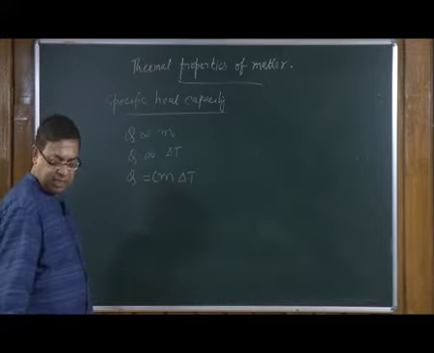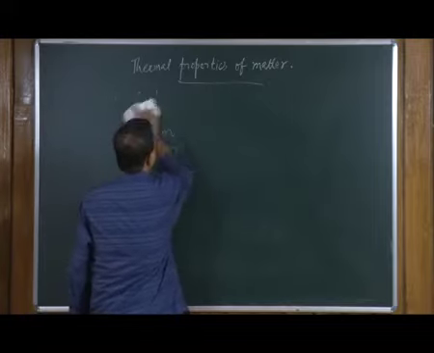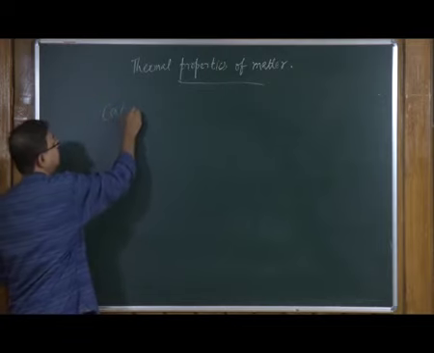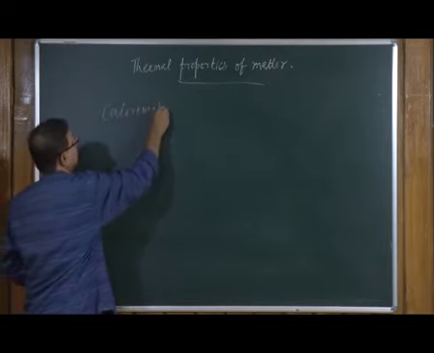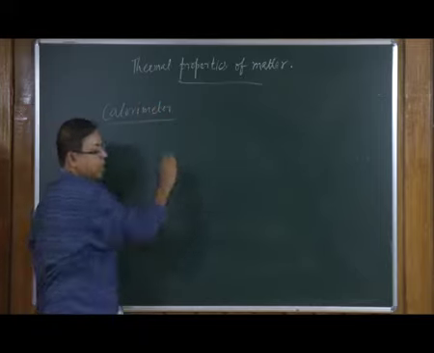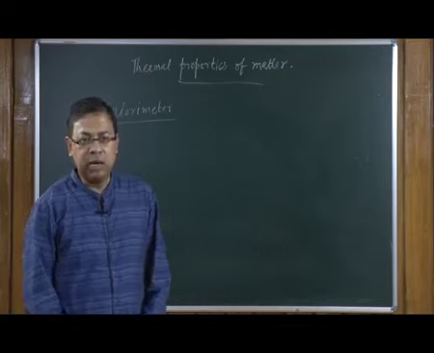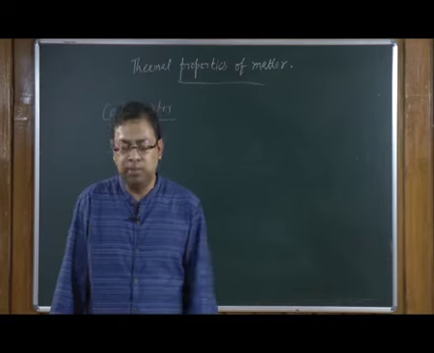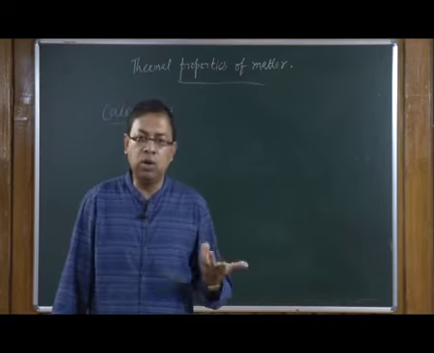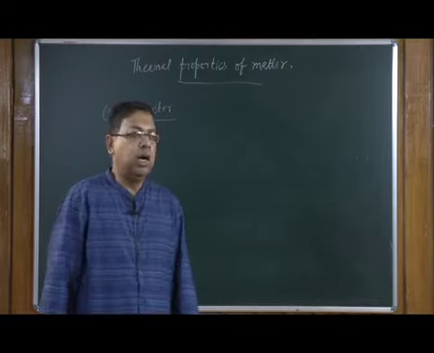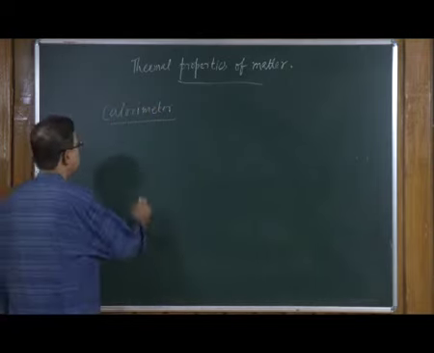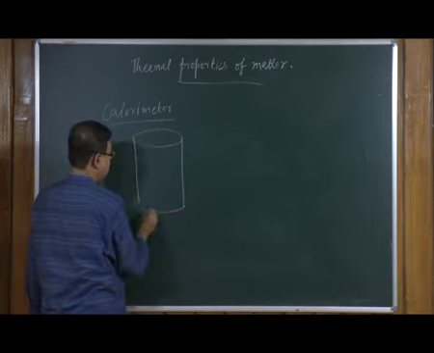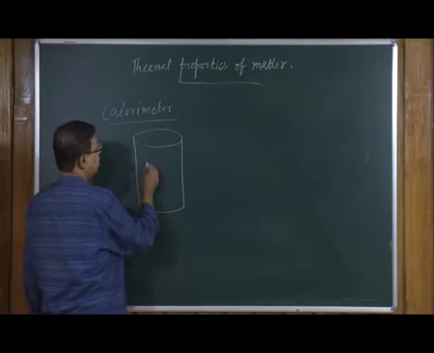So, specific heat capacity is measured by an apparatus called a calorimeter. So, what is a calorimeter? Calorimeter is essentially an apparatus like a thermos, which you have seen where hot coffee or hot tea is stored, especially in offices, which has some kind of insulating wall.